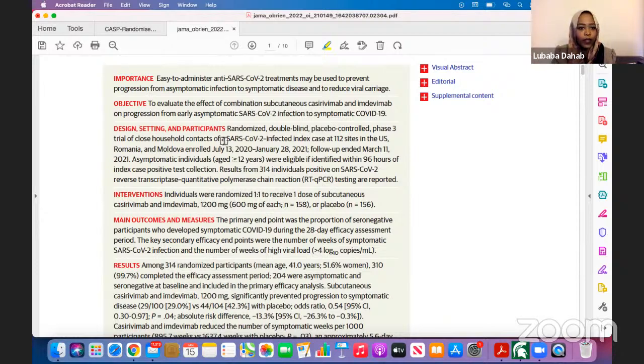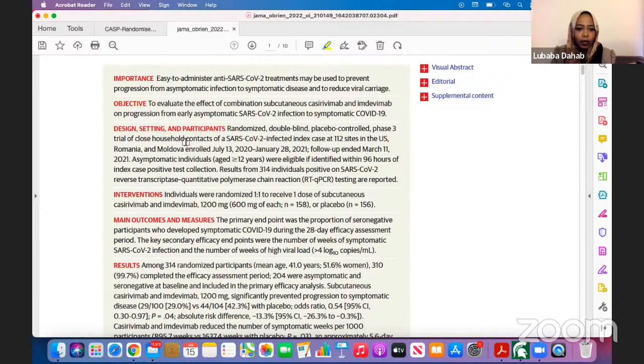So the objective of this article is to evaluate the effect of combination subcutaneous casirivimab and imdevimab on progression from early asymptomatic SARS-CoV-2 infection to symptomatic COVID-19.